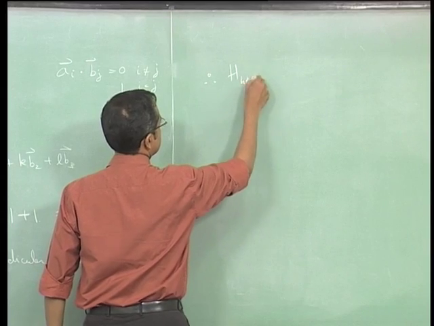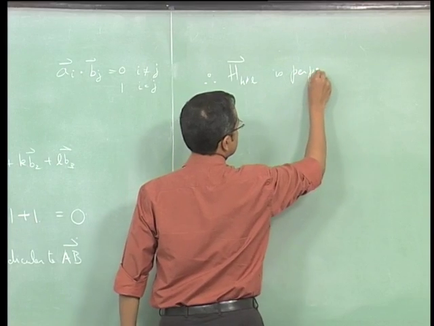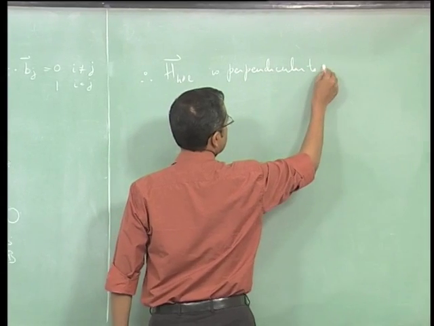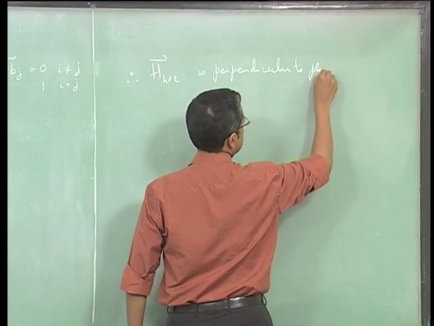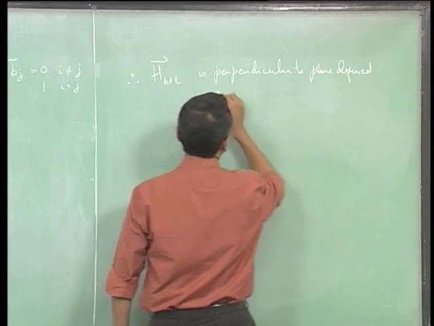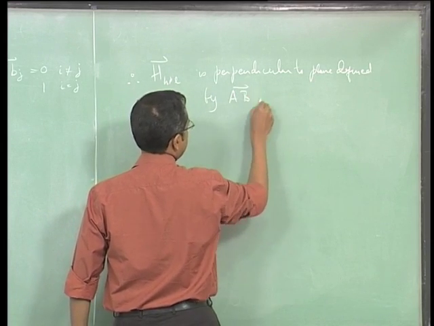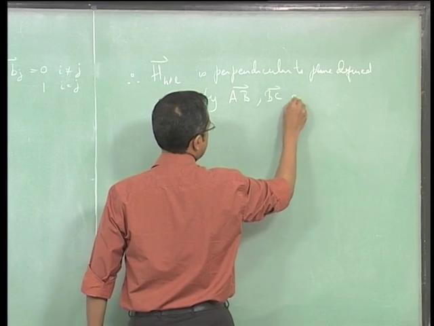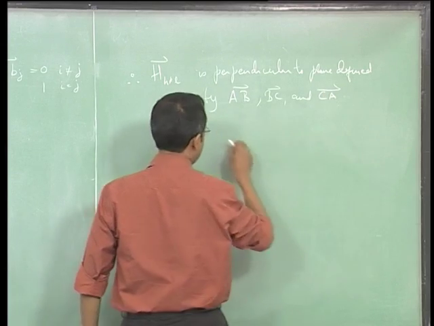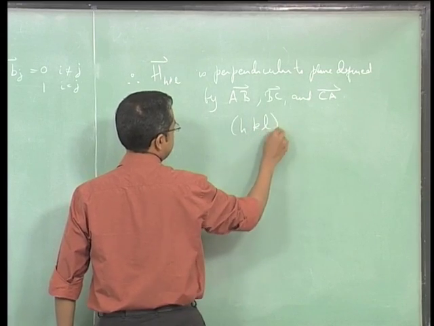Therefore HHKL is perpendicular to the plane defined by ABC, AB, BC and CA, which is basically the HKL plane.